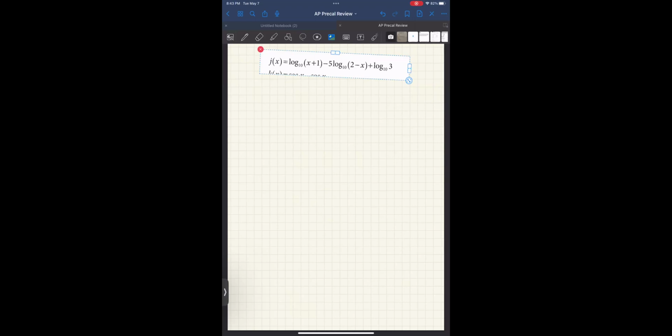Okay, they all have the same base, so I can just easily use my properties. First, I'm going to deal with this one right here. I'm going to say log base 10 of x plus 1, minus log base 10 of 2 minus x to the 5th, plus log base 10 of 3.